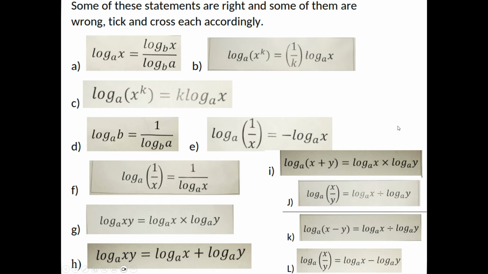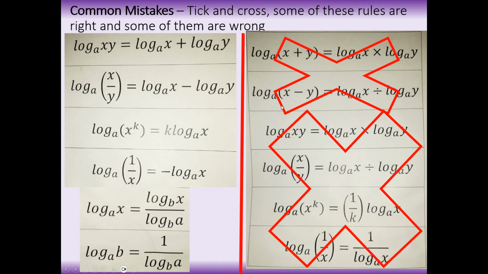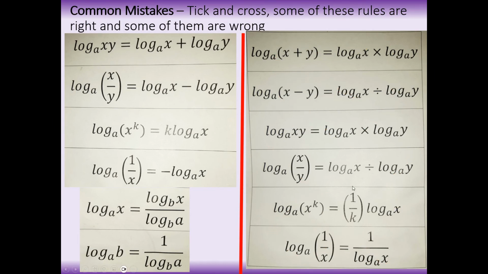Some of them are correct and some of them are incorrect. Pause the video, cross off the ones that you think are wrong, and tick the ones that are correct. So I hope by now you've paused the video and had a go at these. These are the wrong ones, and they are just common mistakes a lot of students make. When they have minus here, they think, oh, I can turn minus into division.